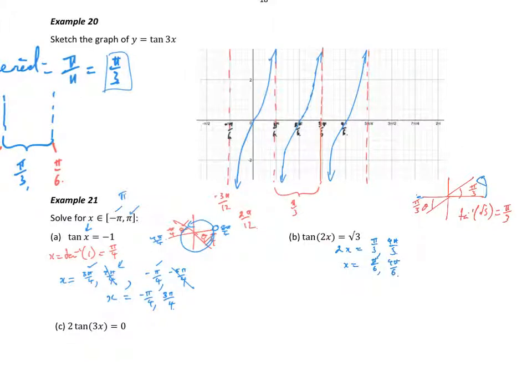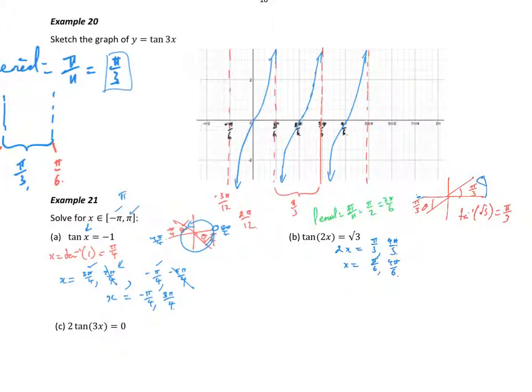So now to get the rest of my solutions, I need to add and subtract the period. So the period of this graph is equal to pi on n, which is pi on 2. And since we're working with sixes, we'll call that 3 pi on 6. So now let's add and subtract the period from my other solutions.